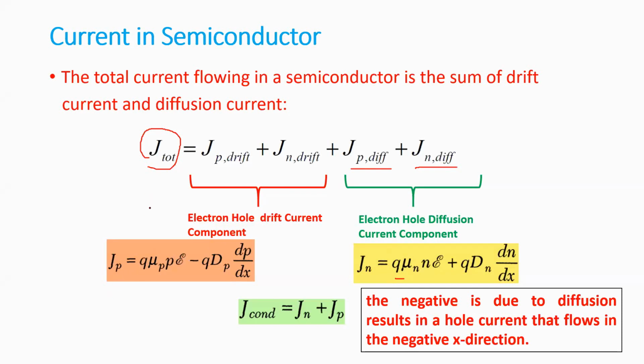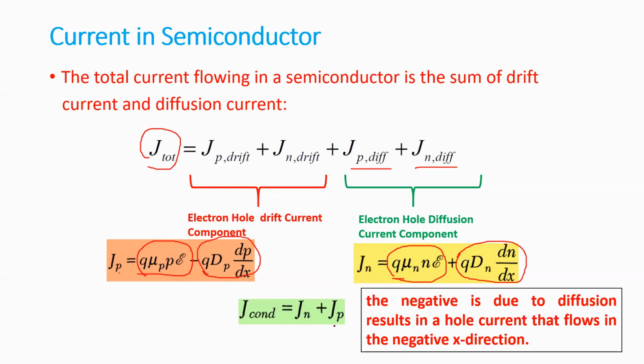Your total current comprises components due to holes and due to electrons. This is current due to holes when they are drifting, this is current due to holes when diffusion is there. Similarly, this is current due to electrons when they are drifting. This is current due to electrons when there is diffusion. So add them, you will get the total current.